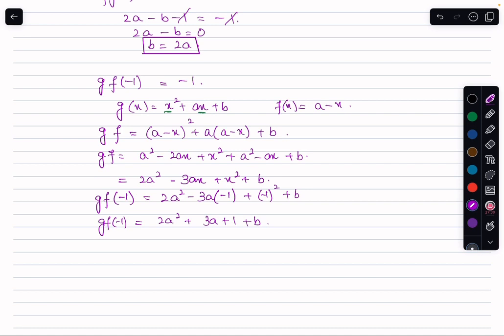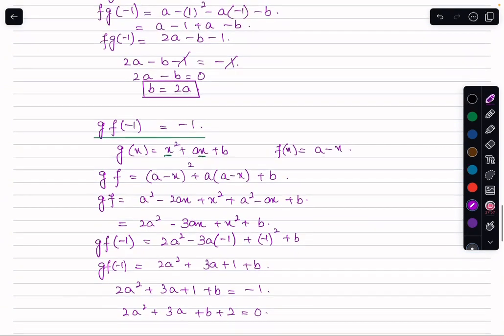Again, if we go back to the condition, this g of f of minus 1 was equated to a minus 1 also. So I will be equating 2a squared plus 3a plus 1 plus b to be equal to a minus 1. So 2a squared plus 3a plus b plus 2 shall be equal to 0.